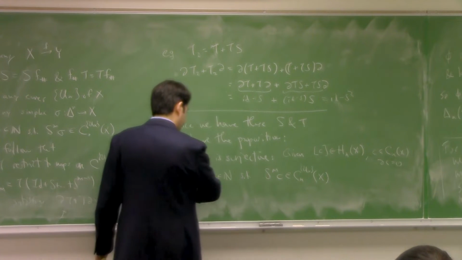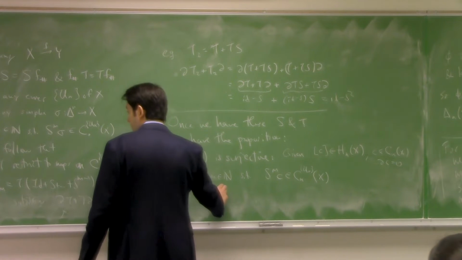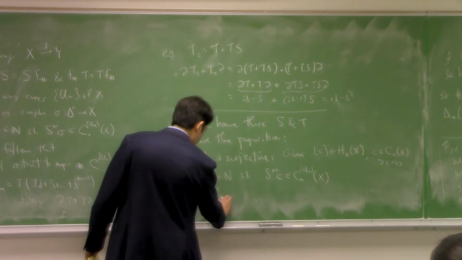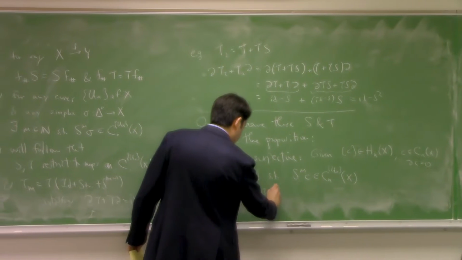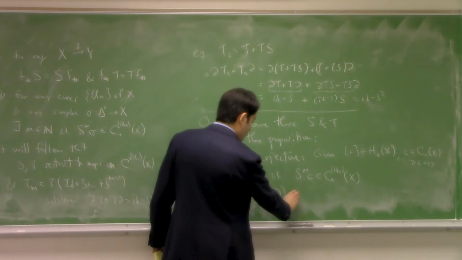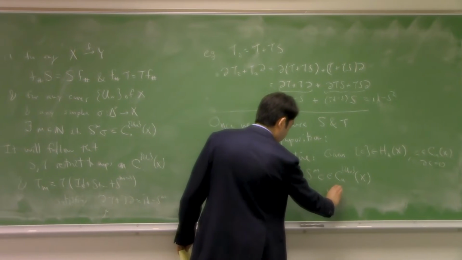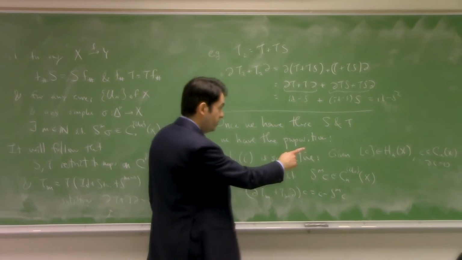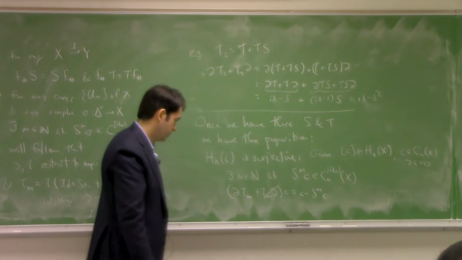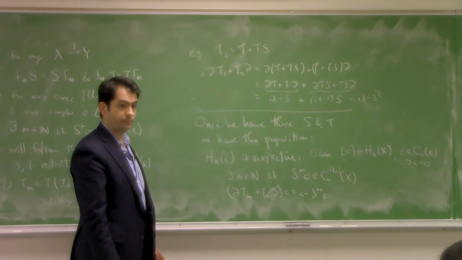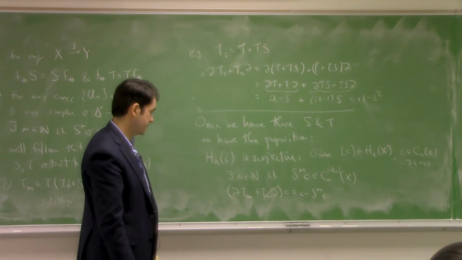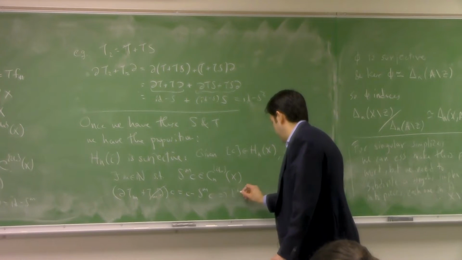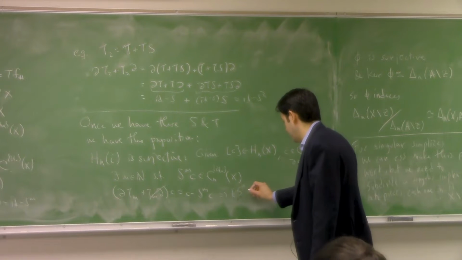So I need to know that this represents this class. So I apply, so we know that boundary T_m, did I put the m on the bottom, plus T_m boundary of C is equal to C minus S^m C. But I also know that C is a cycle, so this term dies.